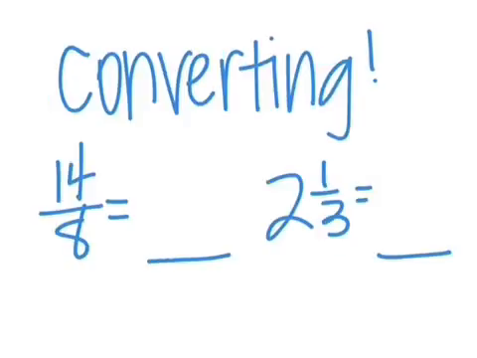So what we're going to do is convert 14/8 into a mixed number. When we go to a mixed number, that means we are going to figure out how many times 8 can go into 14. Well, I know 8 times 2 is 16, so that doesn't work.